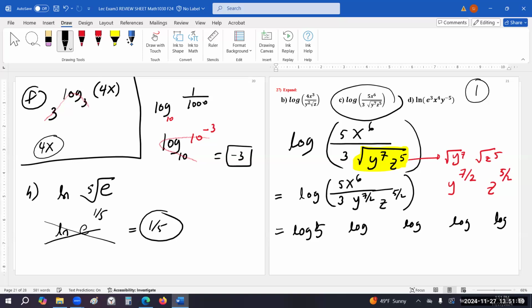The next one is plus log x to the 6, minus log 3, which I rewrote. The next log is y to the 7/2. And the sign is another minus. And we have z to the 5/2.